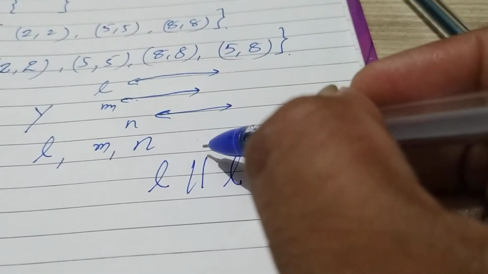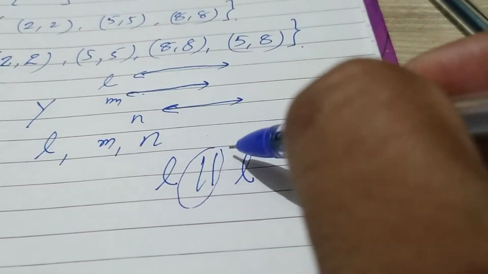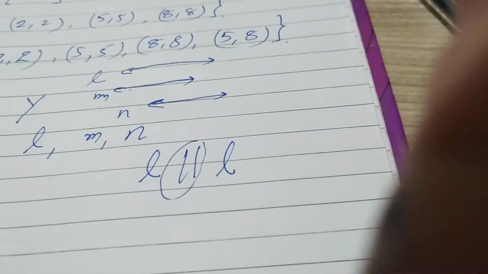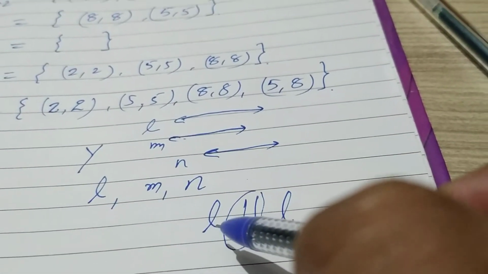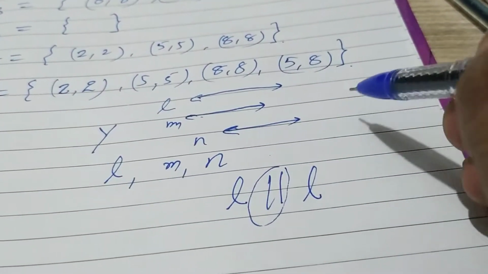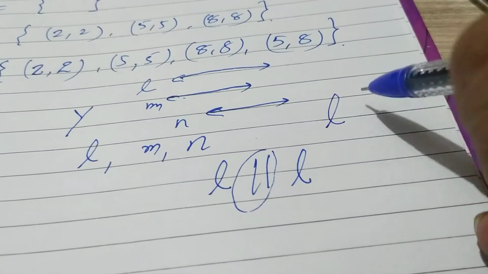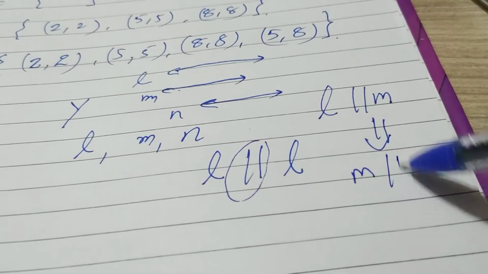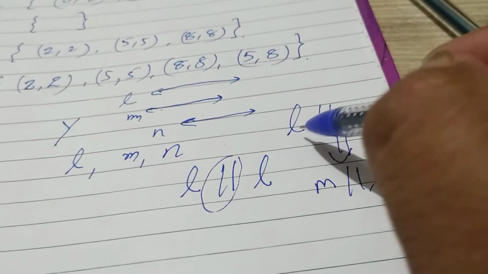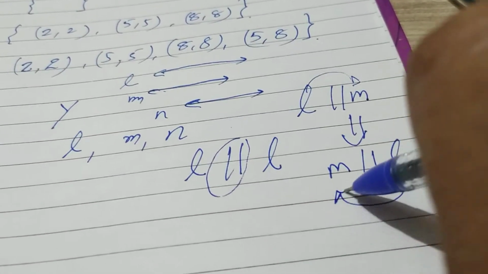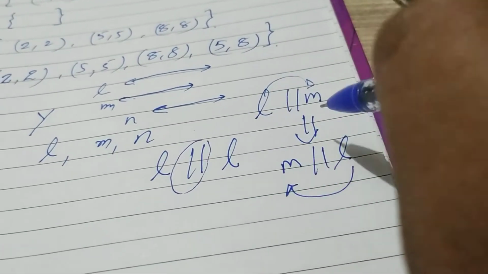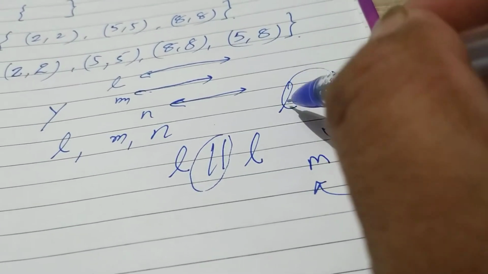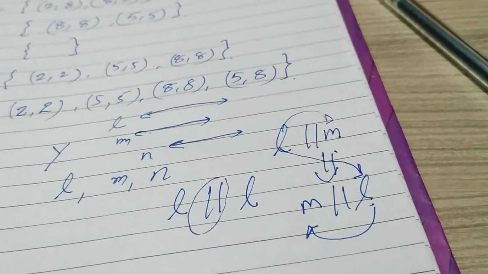So, I will say that this parallelism relation is reflexive. It reflects what the element is. If I say that line L is parallel to line M, this implies line M is also parallel to line L. So this, going back again to the original element, is called a symmetric relation.